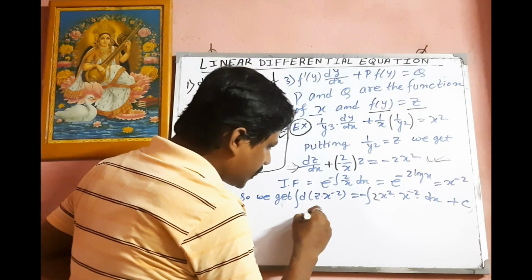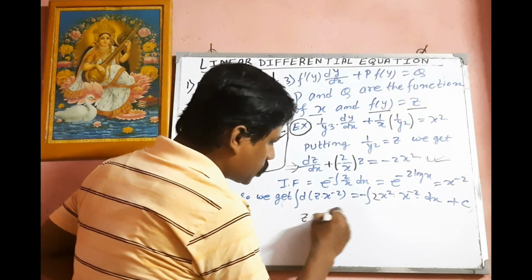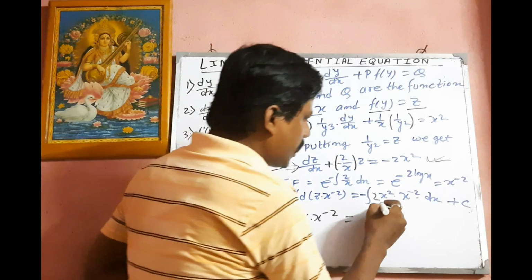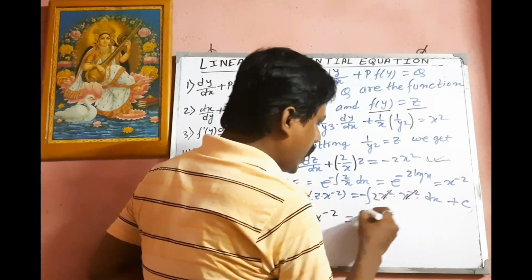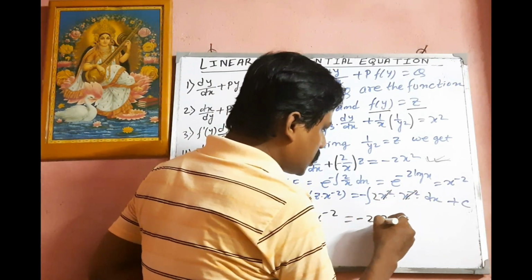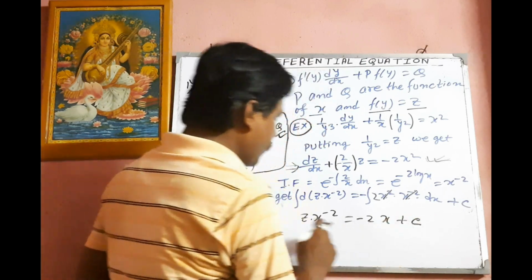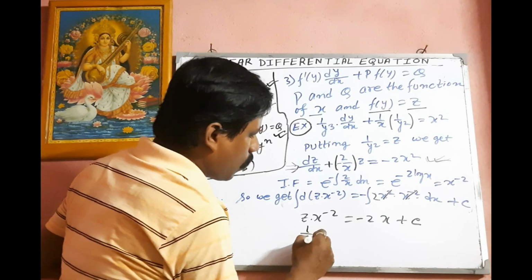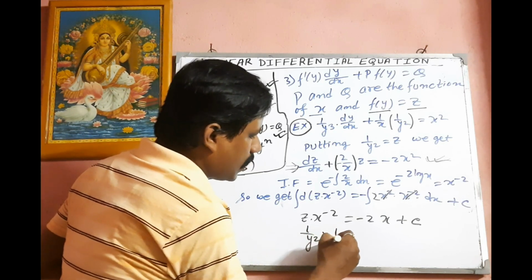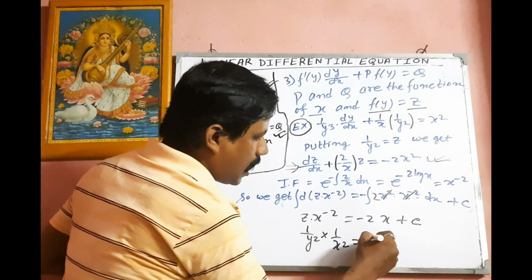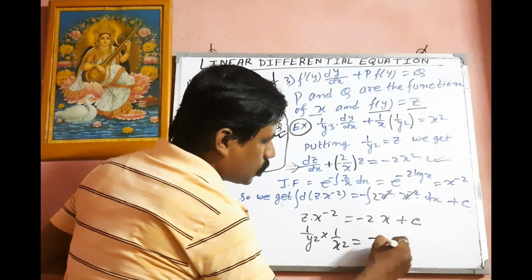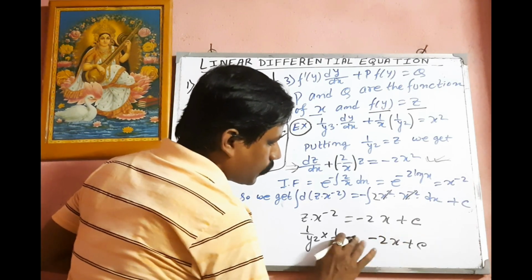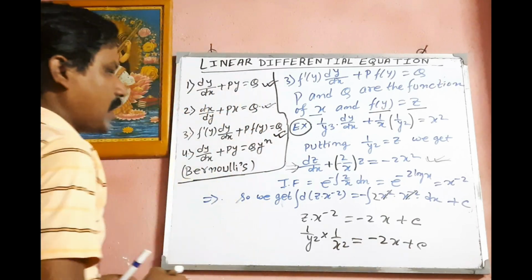Now integrating, z into x to the power minus 2 equals minus 2 times x plus c. Now putting the value of z, we get 1 by y square equal to x square times minus 2x plus c, where c is the integrating constant.